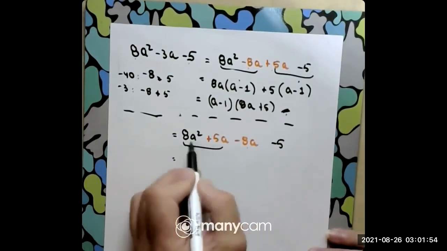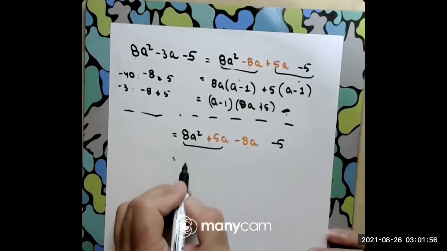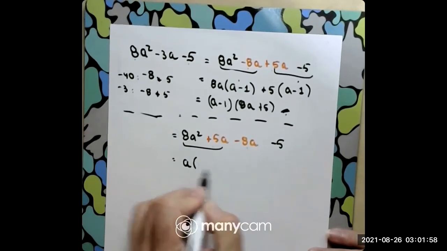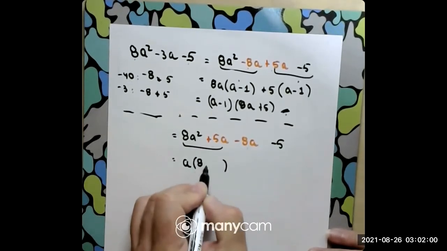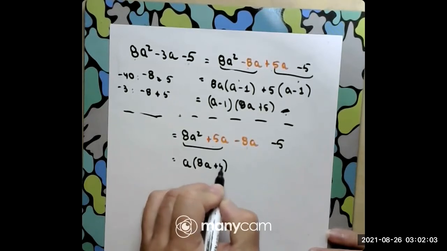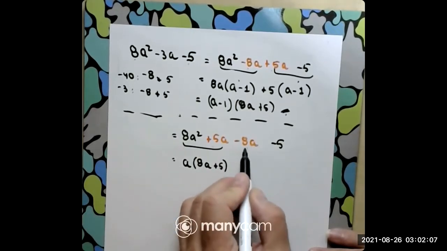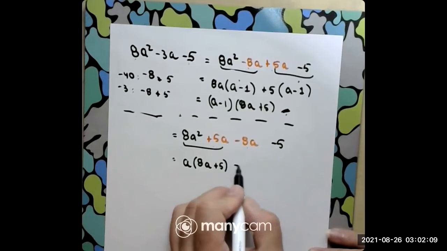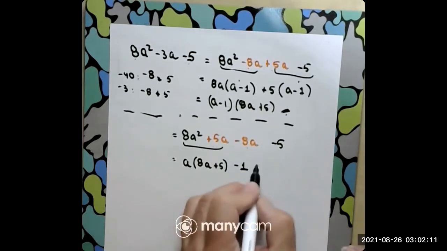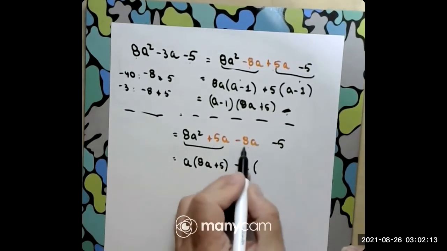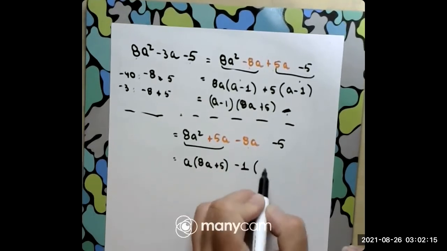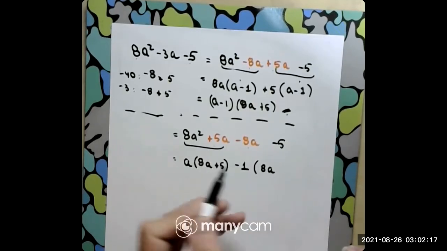So grouping, what do I have here? The only thing that I have in common would be 1a. So what do I leave behind? 8a plus 5. Negative 8a, negative 5. The only thing I can factor out would be negative 1 parentheses. I change the sign. Minus 8 now becomes positive 8a.